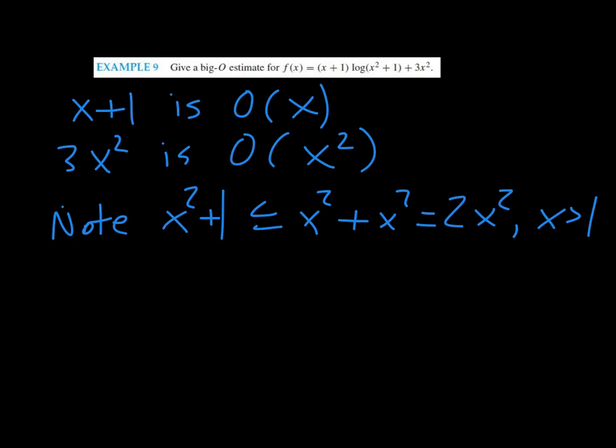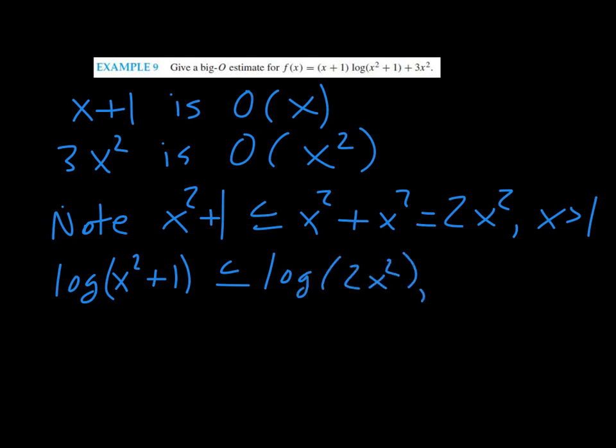And of course that's going to give us our k in the end. But what that tells us is that the log of x squared plus 1 is less than or equal to the log of 2x squared, as long as x is bigger than 1.